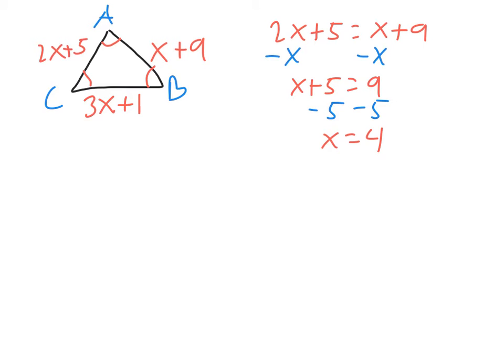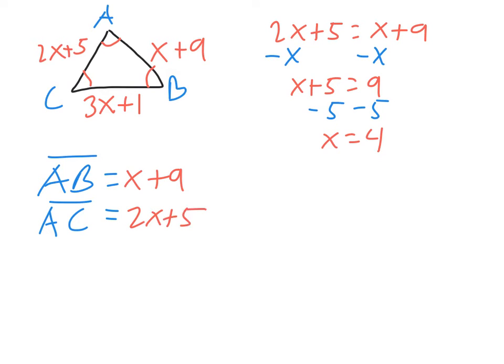Now we can use that to find the measurements of all the sides. So we know that side AB is x plus 9, side AC is 2x plus 5, and side BC is 3x plus 1.